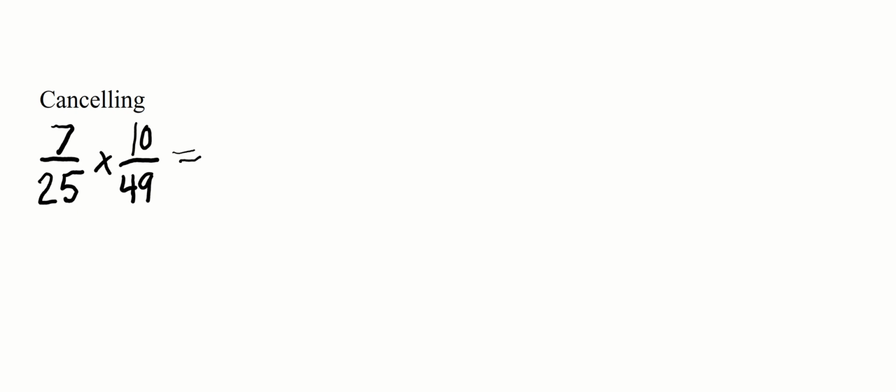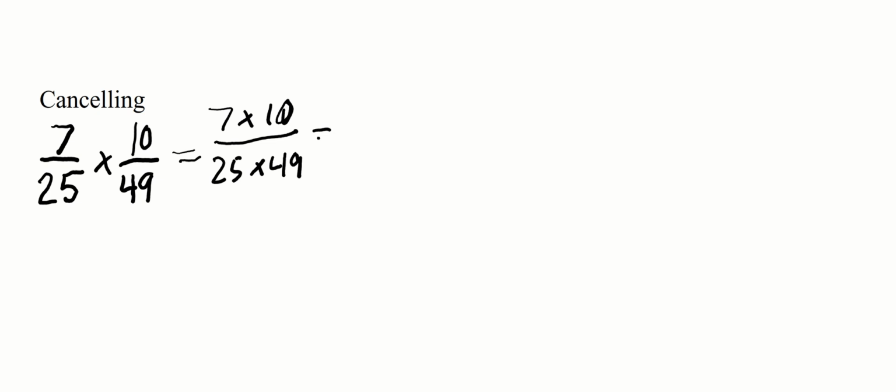Okay. So far, we've solved such a problem of 7 over 25 multiplied by 10 over 49 by saying 7 times 10 over 25 times 49 would be our solution here, once we say what 7 times 10 and 25 times 49 actually are.